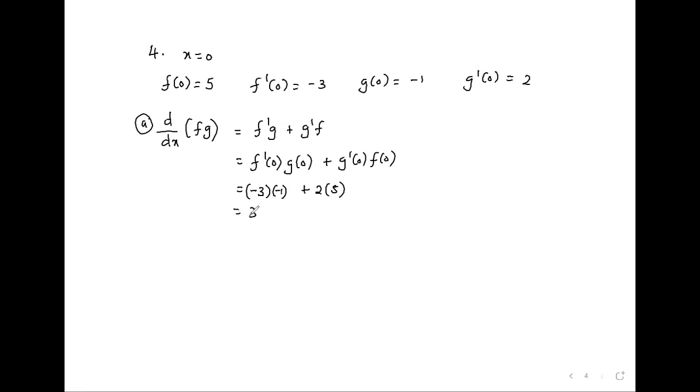So we get 3 plus 10, which is 13. So we haven't even done much. It's just the product rule. Those two things are multiplying. So we get the product. So that's what we have.